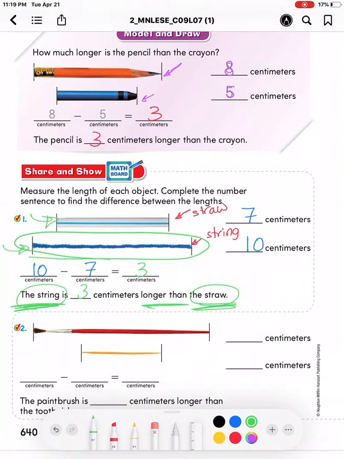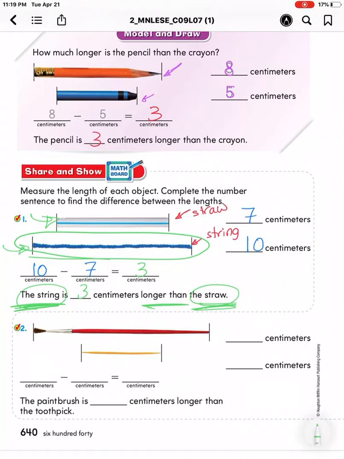Good job. Now let's move to question number 2. In question number 2, right here, we have a paintbrush and we have a toothpick. Now, you have to measure the paintbrush and you have to measure the toothpick, and we should compare the lengths between both to find how much longer is the paintbrush than the toothpick.